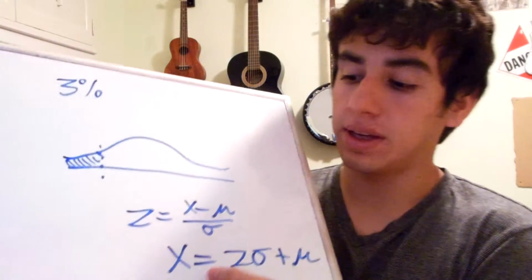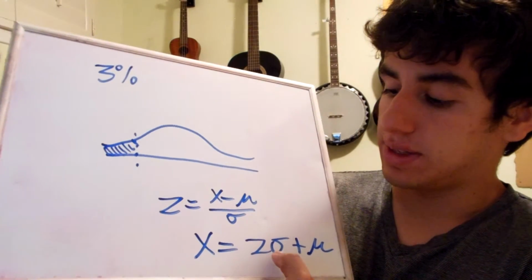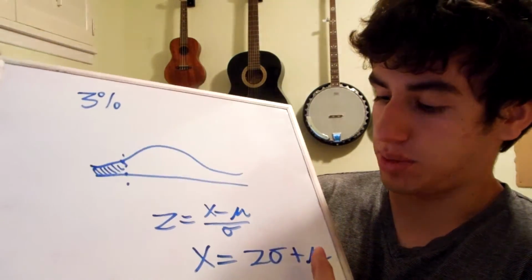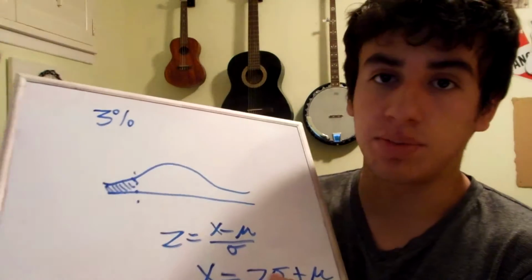So when you solve for x, you just get x equals z times standard deviation plus the mean, and that would be your cutoff point.